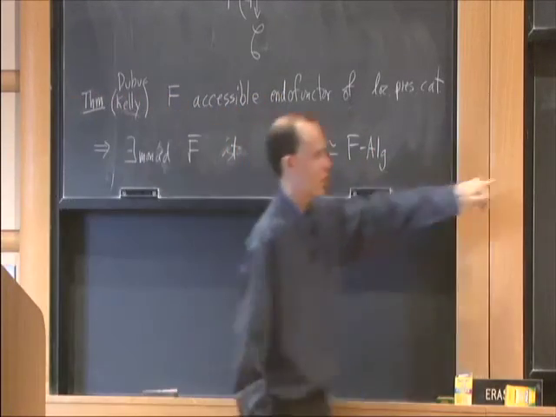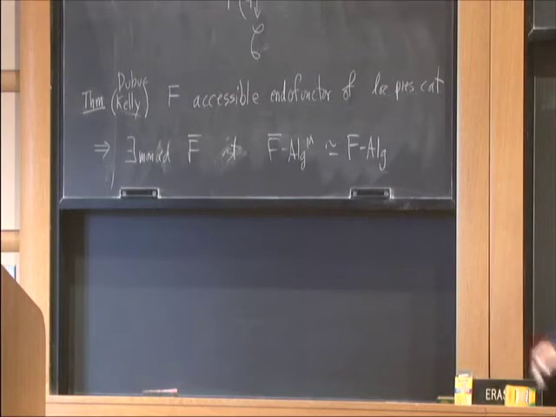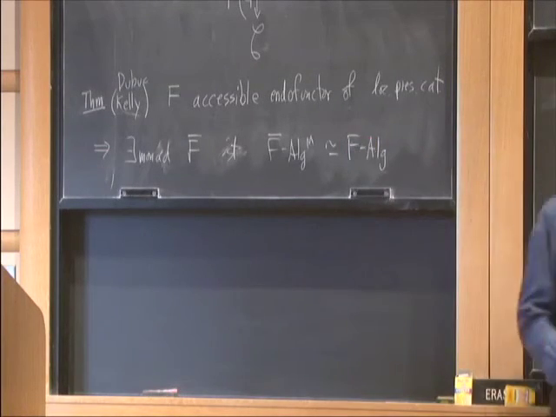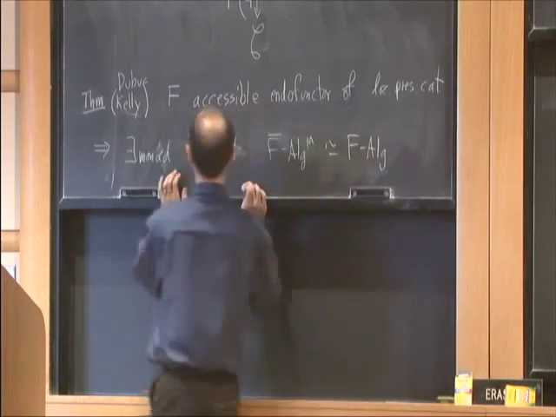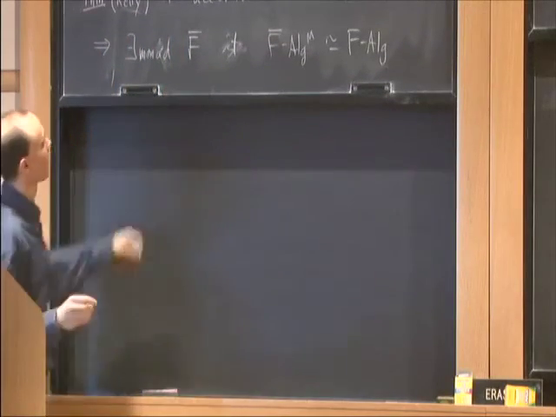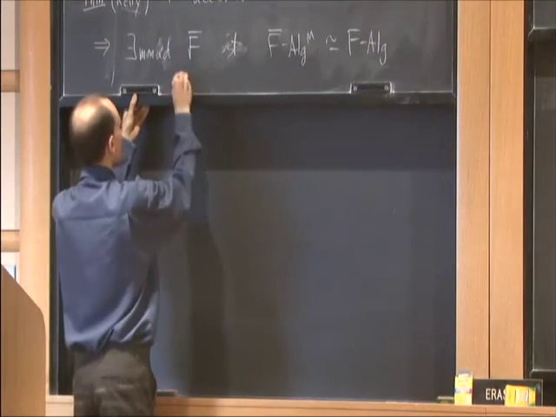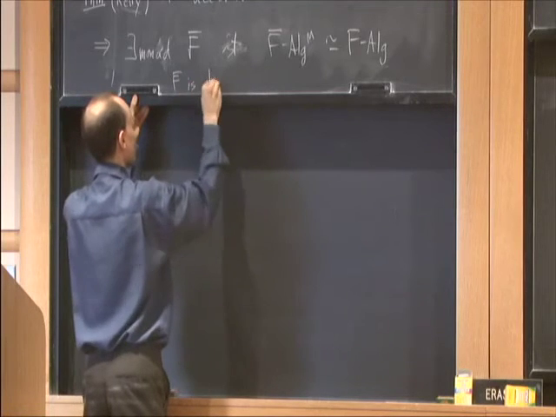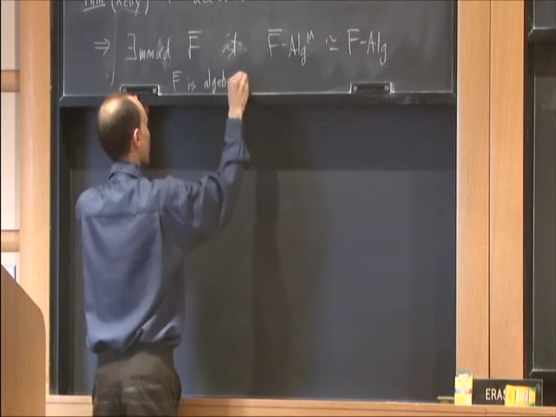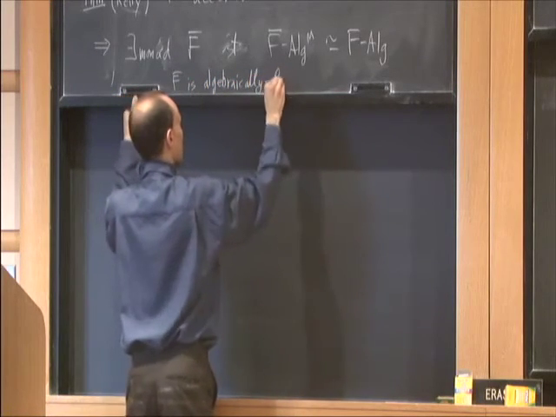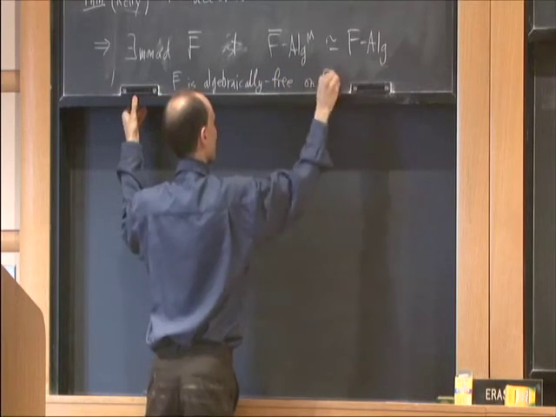And F bar is constructed in precisely this way. So this is essentially an encapsulation of that construction, and this F bar is called algebraically free on F.